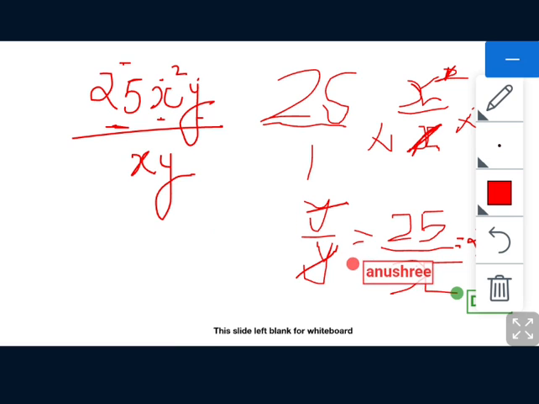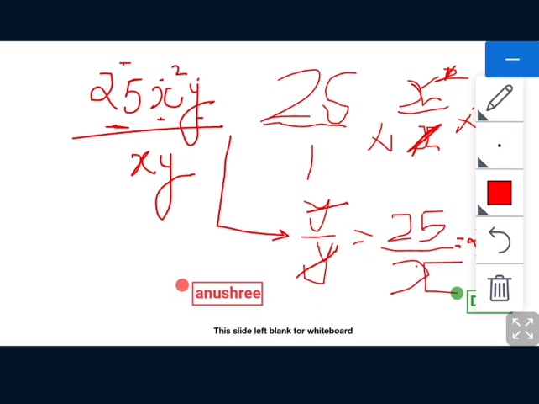Is this clear, or you want me to solve this? No, it's fine. Okay, so you just write this down. It's better in your copy you write this down, then I'll give you more questions to solve.